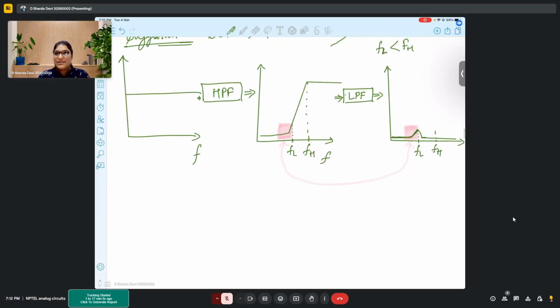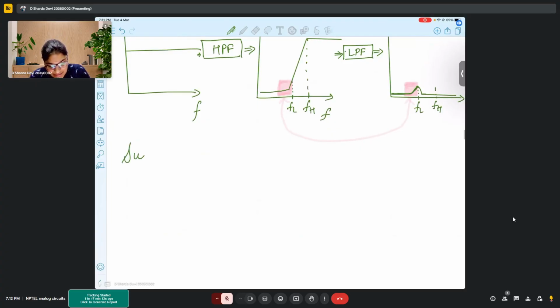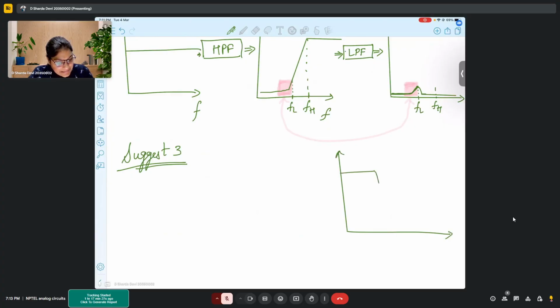What else can be done? See, now here, let me suggest you something. That is suggestion 3, right? How is the transfer function or my frequency response for band stop filter looking like? It is like first it passes a signal, then it stops certain frequencies.